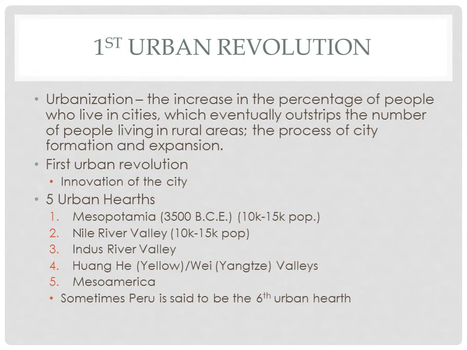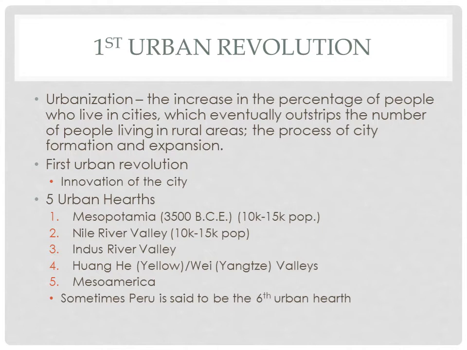So now that we've looked at all the different characteristics that influence what cities are, where they're located, let's take a look at the historical background of them. So we start out with the first urban revolution. So before we get started with that, let's start out with the definition of what urbanization is. It is the increase in the percentage of people who live in cities, which eventually outstrips the number of people living in rural areas.